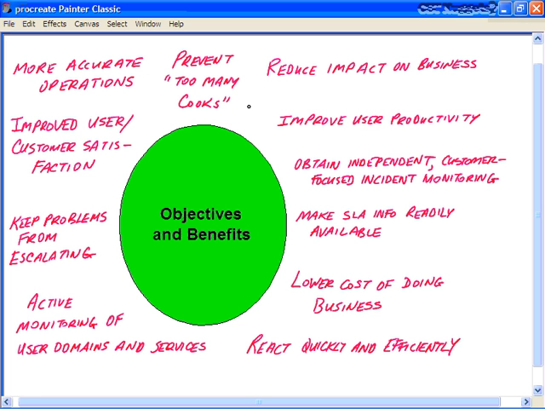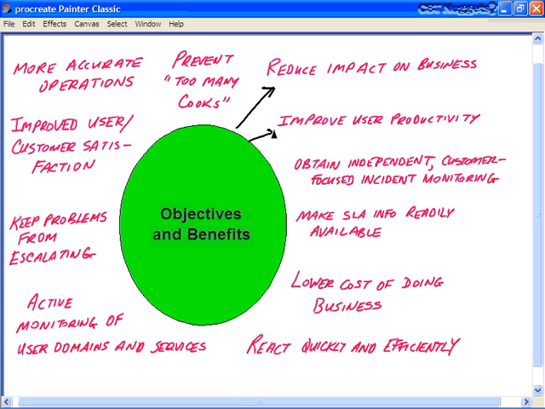So now that we've determined the scope of what an incident is, again, going beyond just a hardware or software error, but an actual occurrence that generates a change in the organization, what are the objectives and the benefits of incident management? Well, let's just go around the circle here. First of all, by managing incidents, we're going to reduce the impact on business by solving the issue as quickly as possible.